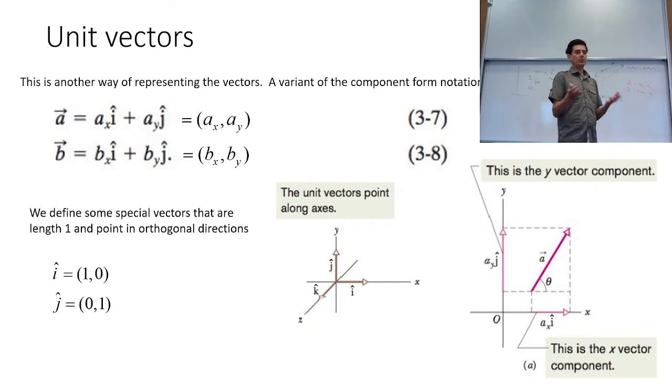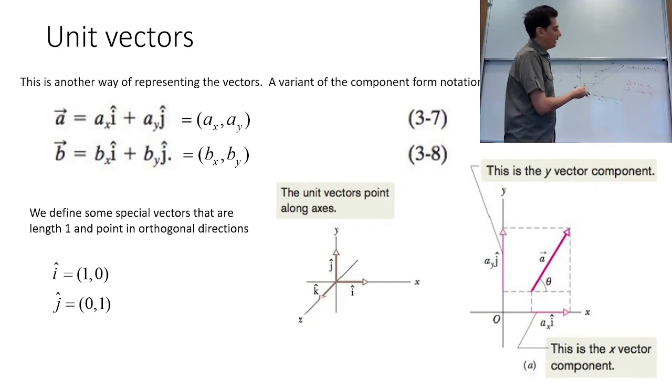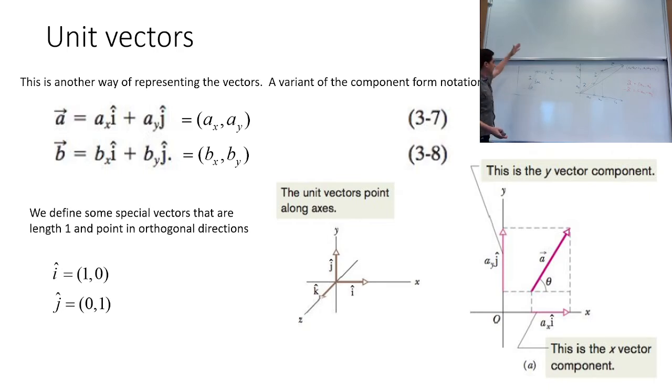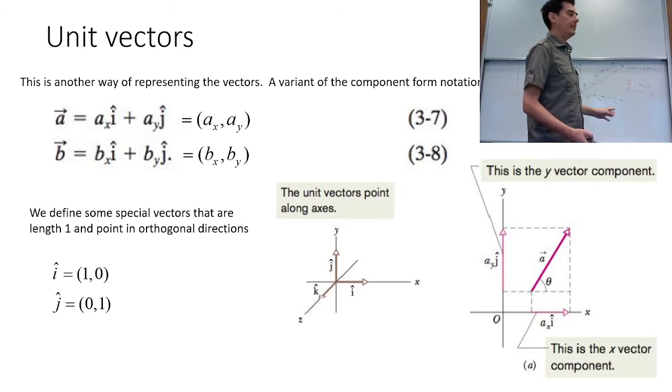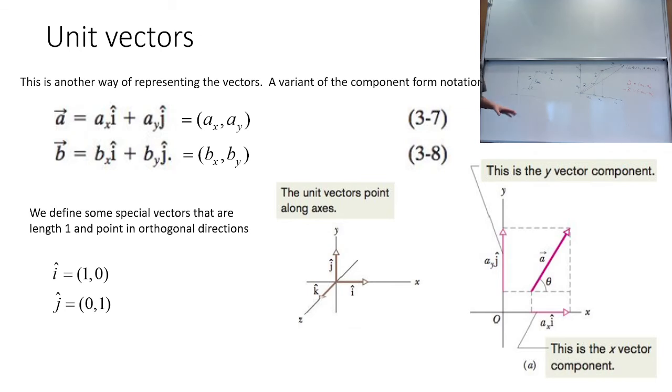They're a special case of vector where the vector happens to point along the coordinate axes. Vectors in general could be any length, any direction, but we're going to single out a couple of these vectors and call them unit vectors. Obviously, they're called unit vectors because they have length 1.